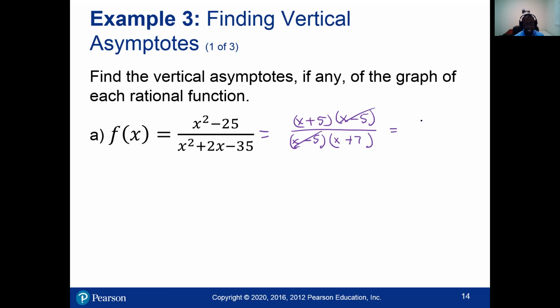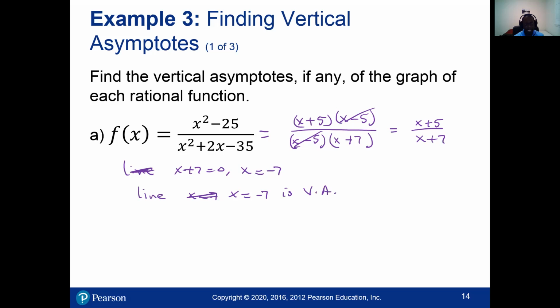So this results in (x plus 5) divided by (x plus 7). You first set x plus 7 to 0, so you have x equal to negative 7. So you say that the line x equal to negative 7 is the vertical asymptote. I use VA for that. There's a vertical asymptote for this function.